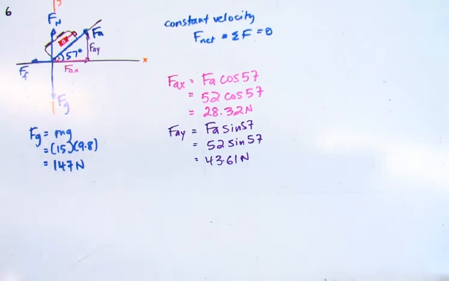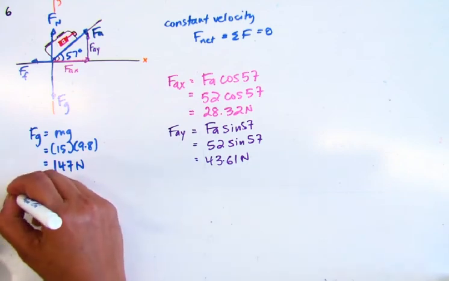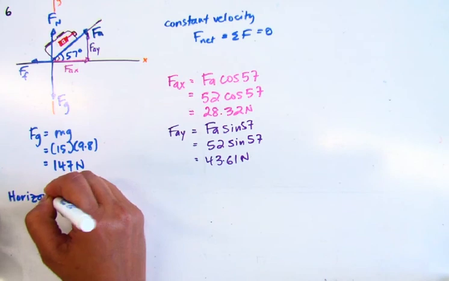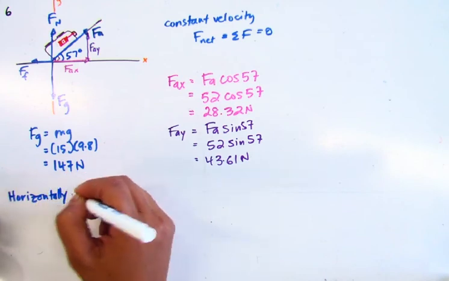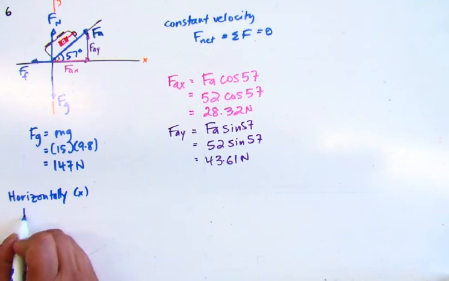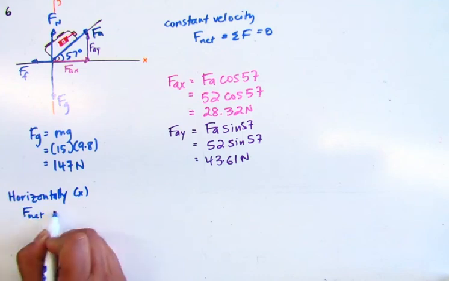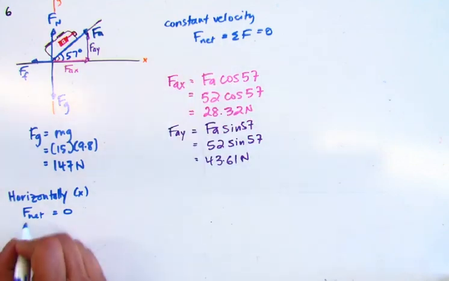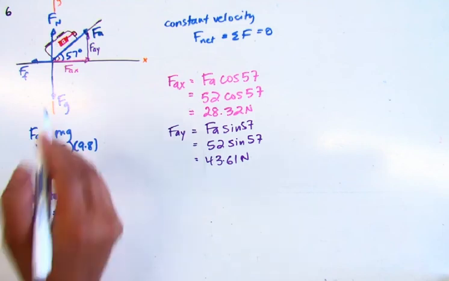So let's do that by breaking this into vertical and horizontal components. So let's first look at this horizontally, or along the x direction. We know that the net force in this direction is equal to 0 because of this constant velocity. So the sum of the forces is going to equal, well, what are the forces in the x?